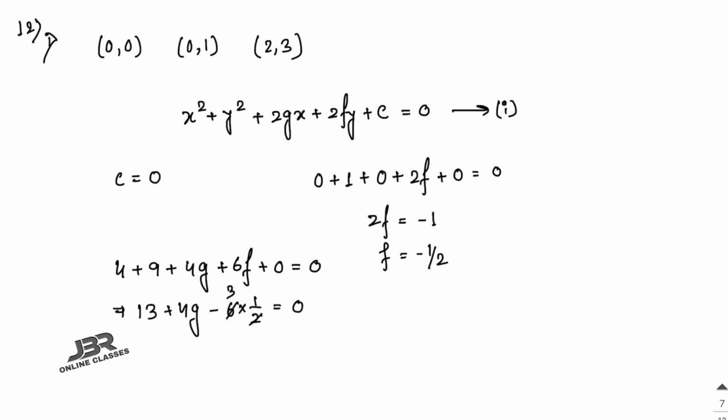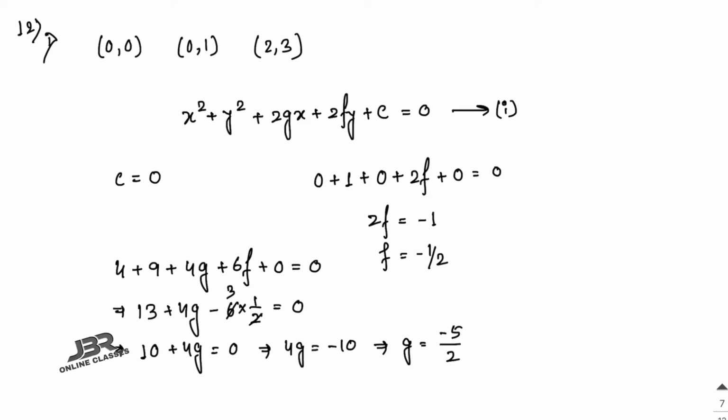So now 13 minus 3 equals 10. So 10 plus 4g equal to 0. So 4g equal to minus 10. That implies g equal to minus 5 by 2. Okay, f equal to minus half, c equal to 0 and g equal to minus 5 by 2.